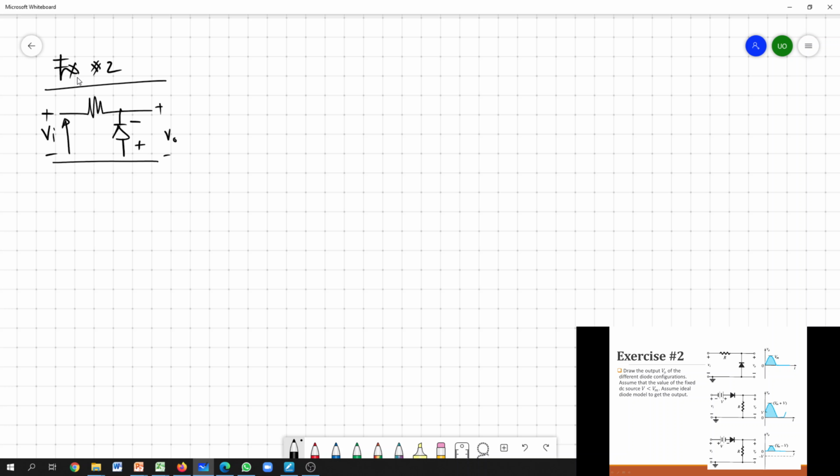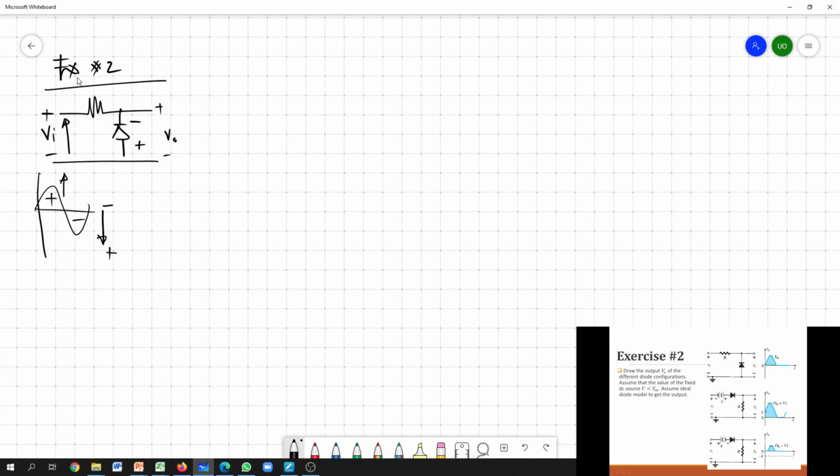Here also, if you have a sinusoidal signal like this, this is treated as plus and this is treated as minus. So during this block we'll mark the voltage upward. During this you have a negative voltage, so we can mark the voltage like this: this becomes minus and this becomes plus.